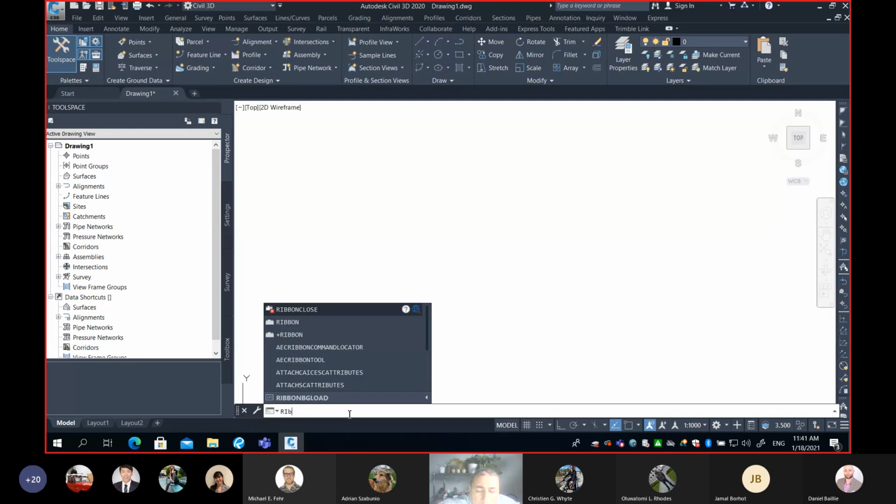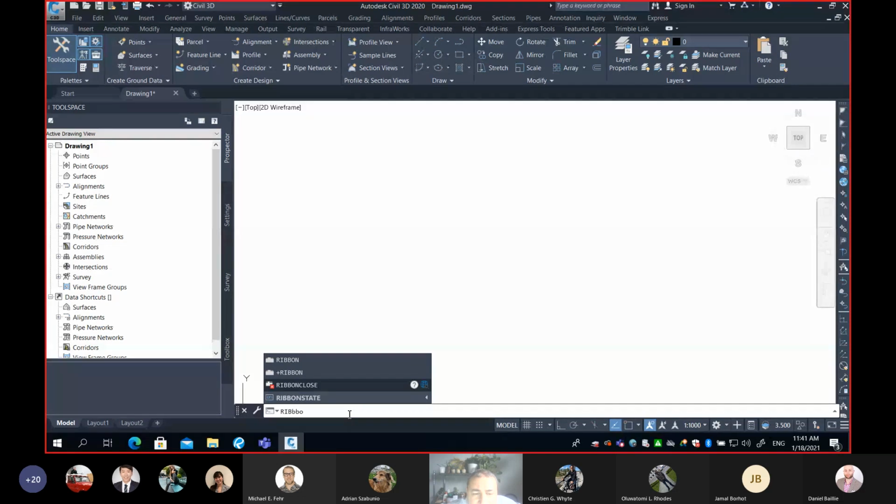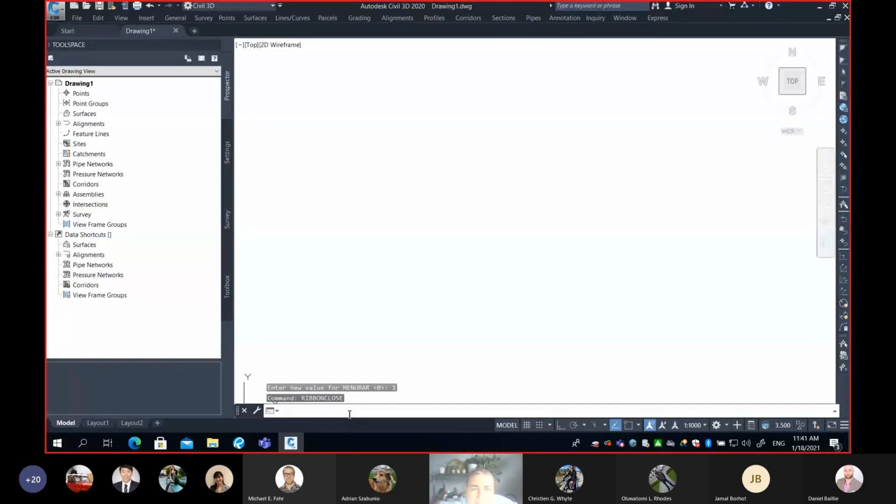There is one command called RIBBONCLOSE. If I hit this command, you can see the ribbon is gone. Remember, the ribbon, as I said, is very handy. I hide it only if I need to get more display area on my screen.